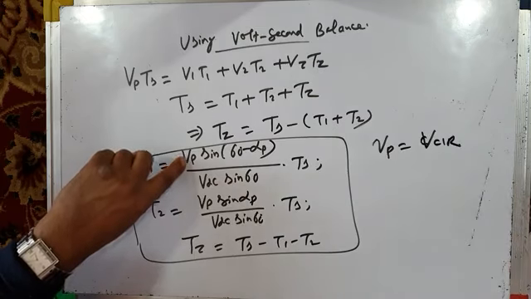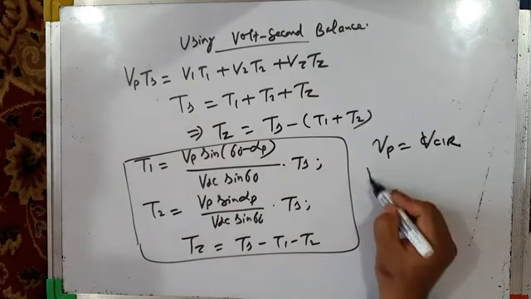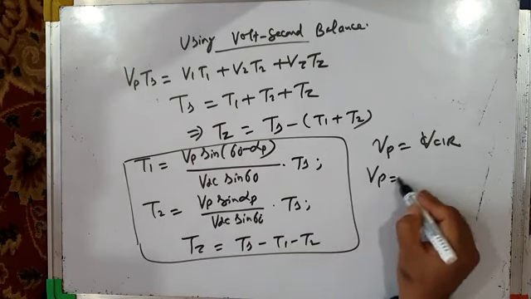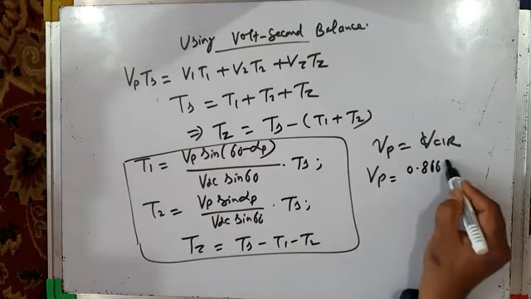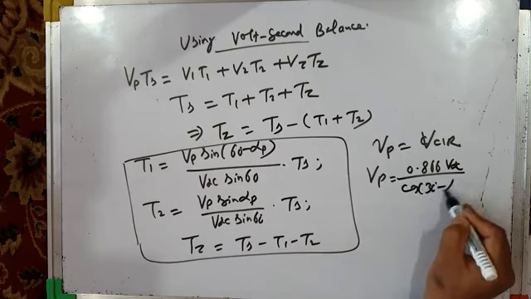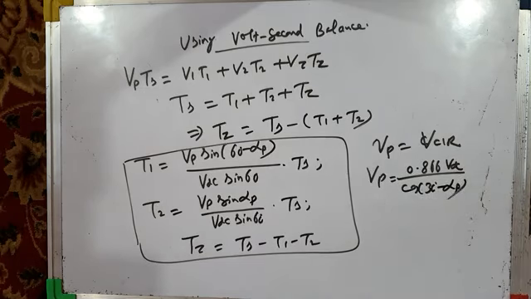And if the trajectory is hexagonal, then Vp is given by a different formula which I had written just a few moments back, that is 0.866 Vdc by cos of 30 degrees minus alpha p. So it depends upon the trajectory of your rotating reference vector, and this is how dwell times are calculated. So this is for overmodulation zone 1.